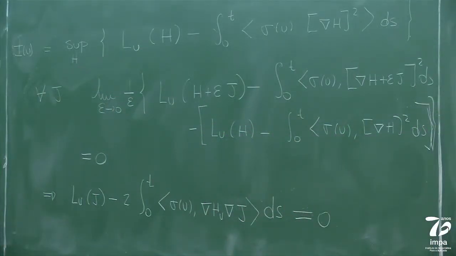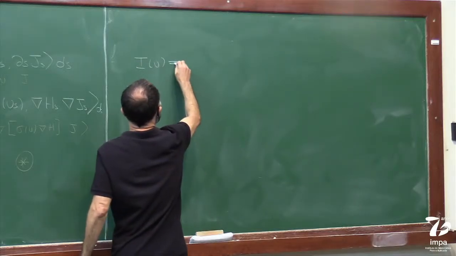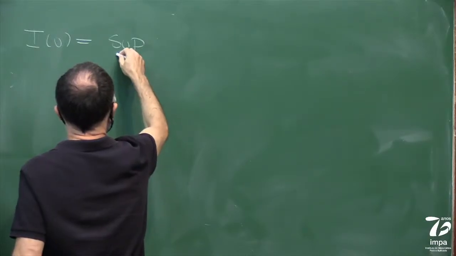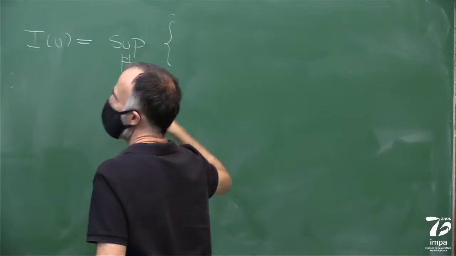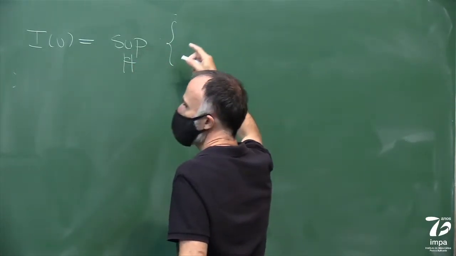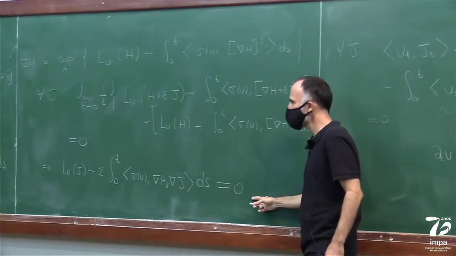So actually, I of u is also equal to the supremum over all h we have there of Lu of h, but Lu of h is now this expression.